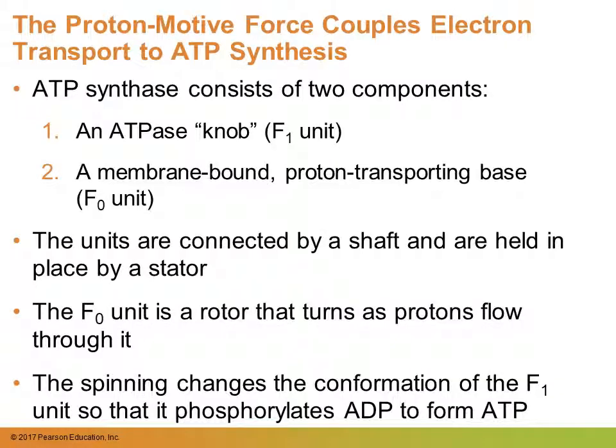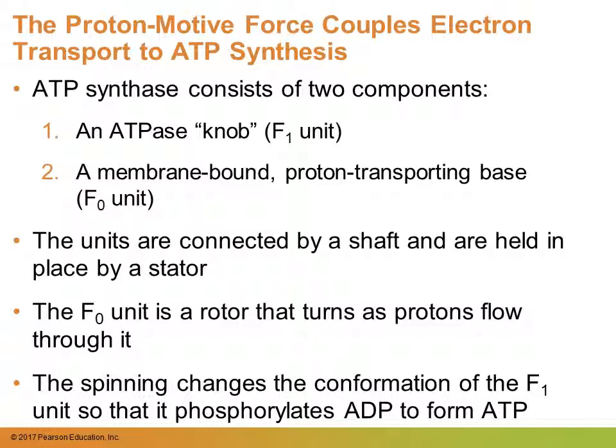The proton motive force couples the electron transport chain to actually produce ATP. So remember, the only way that the protons can cross the membrane is through ATP synthase, that enzyme or protein embedded in the inner membrane of the mitochondria.